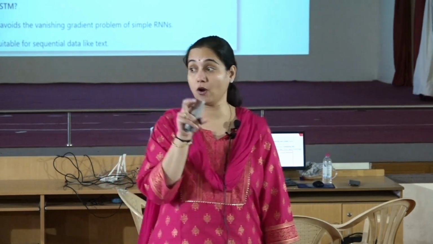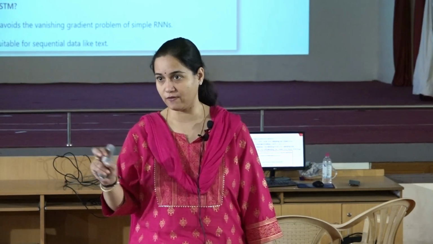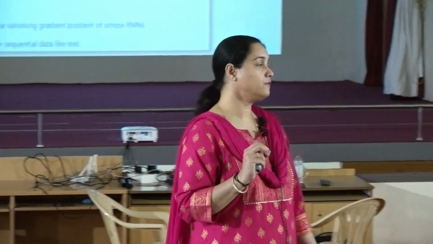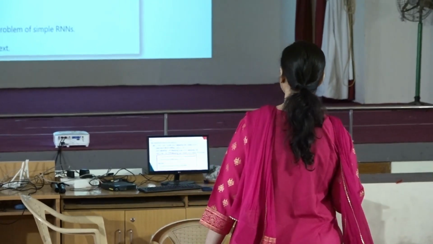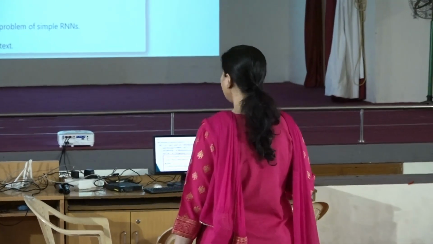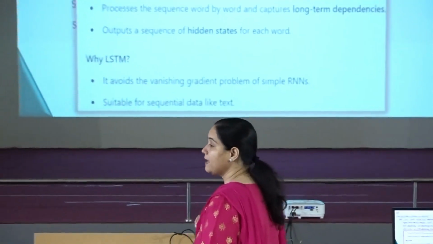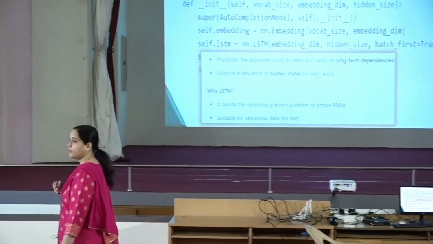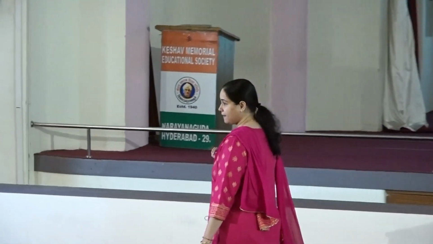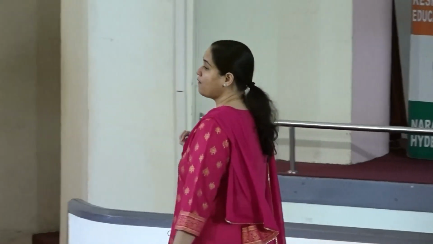It will have batch first, followed by whatever it was having. Clear enough, guys? Now, this will process your sequence word by word, and it will also capture long-term dependencies because it has an LSTM network inside it, and its output would be the hidden states.